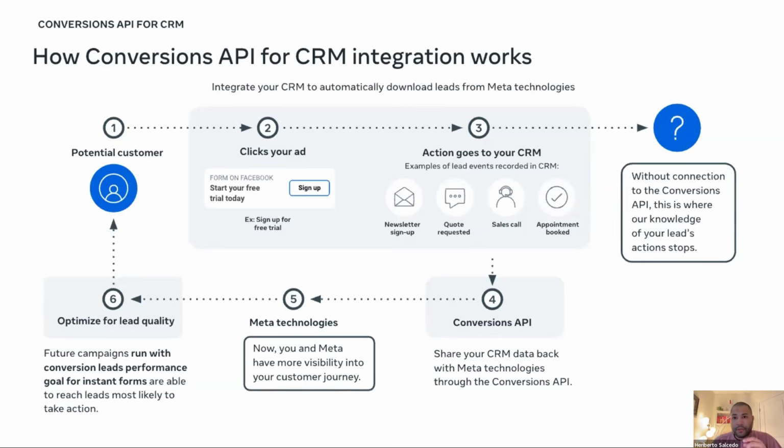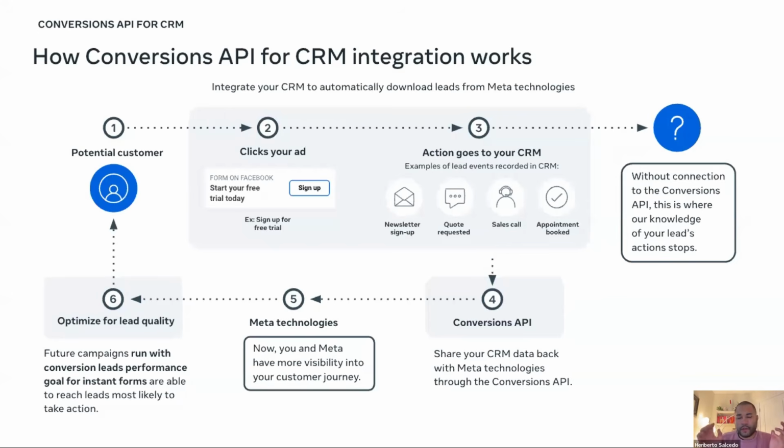And what that allows you to do as a business is optimize for lead quality in the future. So future campaigns can run with conversion lead performance goals. And essentially, we're targeting leads now that are more likely to convert. So when you think about your strategy, you can have certain campaigns that may drive more quantity, and you have that capability. But if it's a more high touch intentionality approach, you now have that ability to optimize for more quality as well, which is great for businesses.